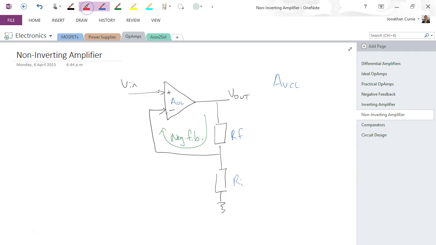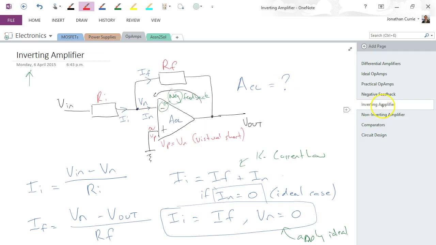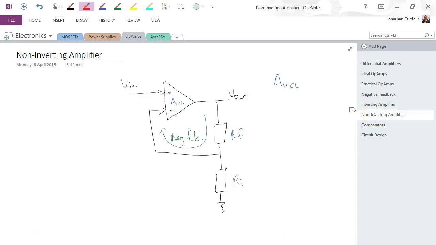Now we saw previously in the inverting amplifier example that IM was equal to 0. Nothing changes in this particular circuit, so IP is going to equal 0 and IN is going to be equal to 0. So we still use those ideal approximations.